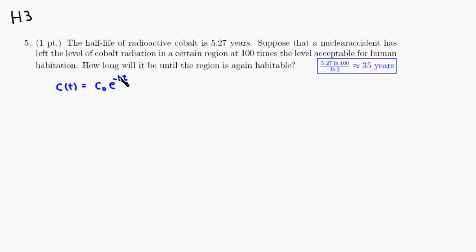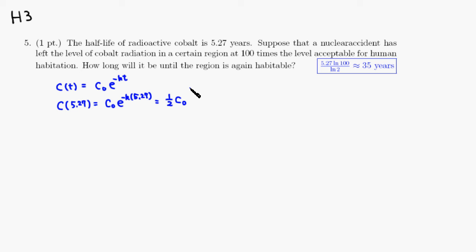I put the negative sign because it's decaying. Then it takes 5.27 years, which means that after 5.27 years we have C0 e to the negative k times 5.27 is going to be half of the original amount, so 1/2 of C0. C0 is the original amount.